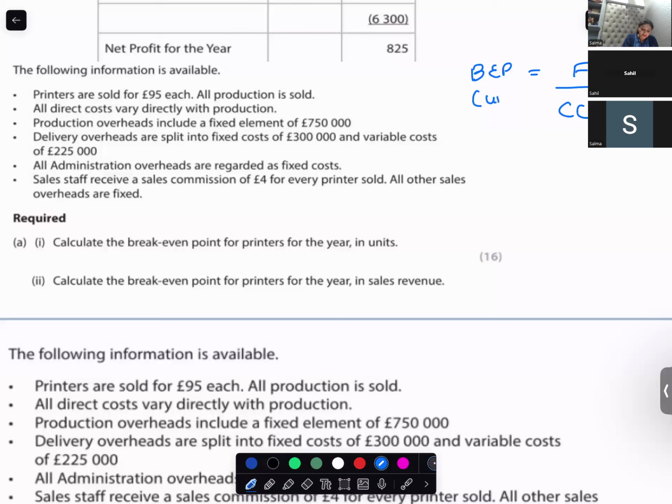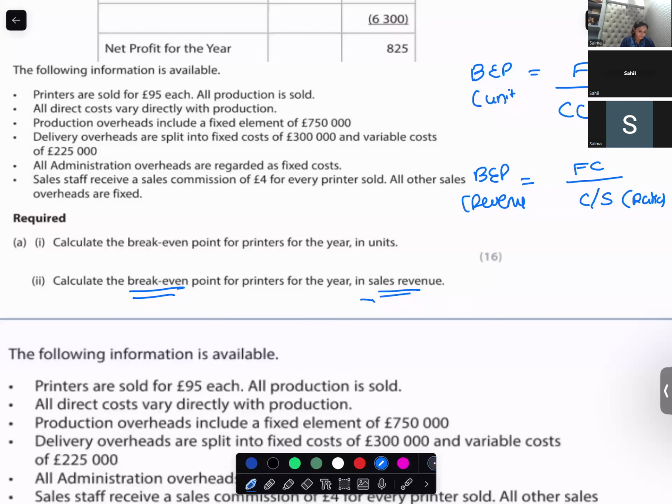And if I want the break-even point in sales revenue, it would be fixed costs over the contribution to sales ratio.